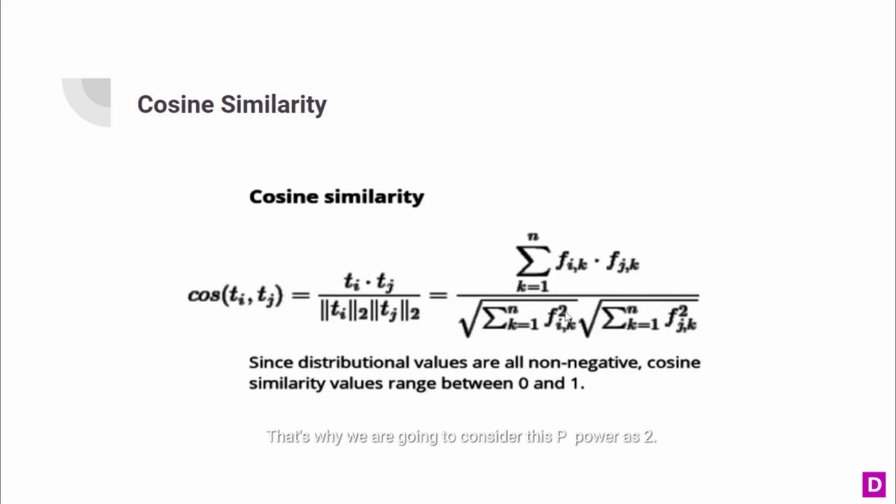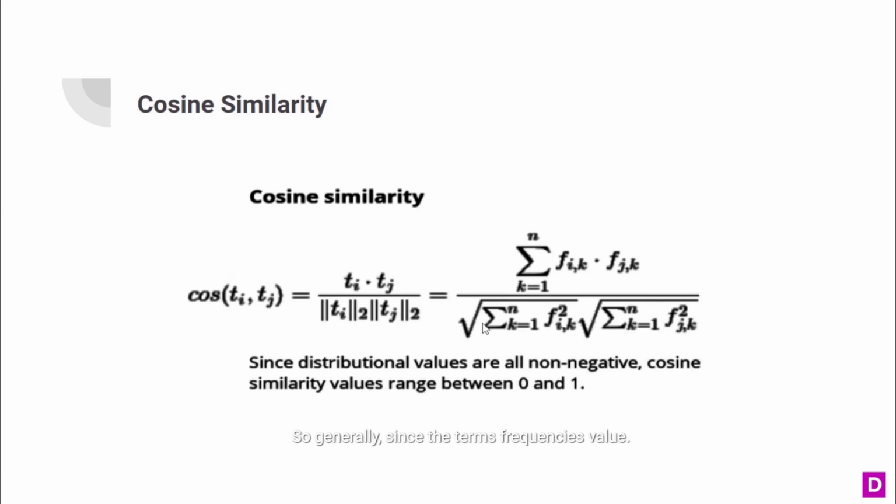That's why we consider the power as 2. So, f squared ik, into the summation of k equals 1 to n of f squared jk. Here j is one term's frequency and i is another term's frequency. When I divide by the magnitude, I get a cosine value.